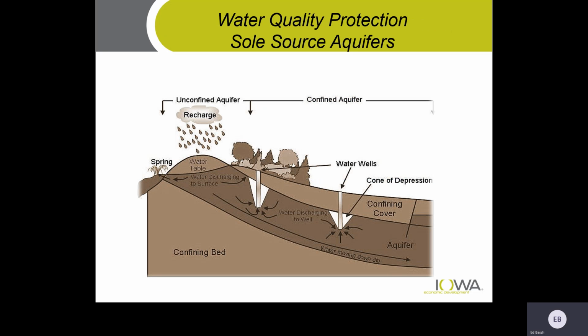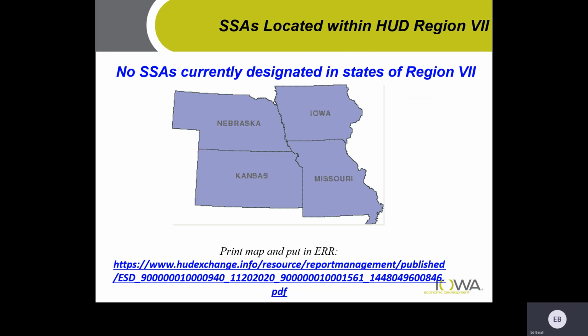Okay, water quality protection, soil source aquifers. This is very easy. One very easy element to consider in the state of Iowa. Why? Because there aren't any. In fact, there aren't any in the region of HUD that we're in, Region 7, in these 4 states.